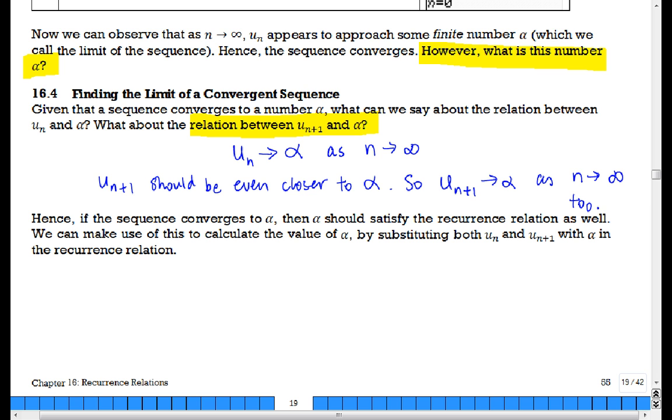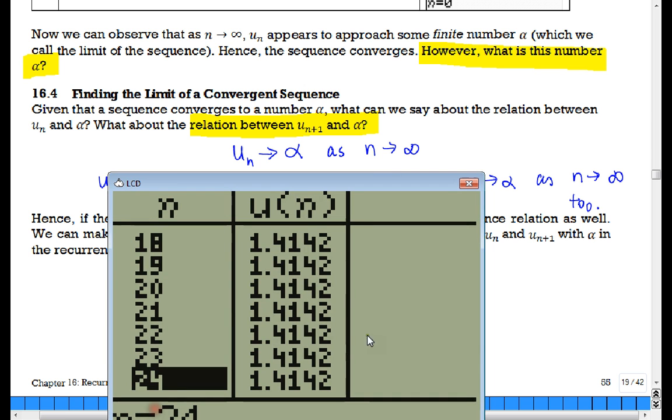Let's use this table to help us to be a bit more concrete. Now it's only u24. If you go on and on, if u24 is close to the value alpha, u25 should be closer to alpha as well. Follow? It should tend closer and closer to alpha. So we make use of this idea.